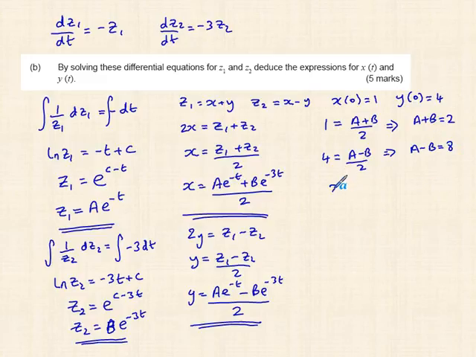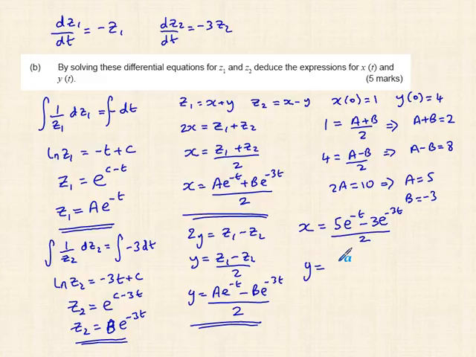So adding these gives 2a equals 10, which means that a is equal to 5. And if a is 5, then b must be negative 3. So x is 5e to the negative t take away 3e to the negative 3t over 2. And y is 5e to the negative t plus 3e to the negative 3t over 2.